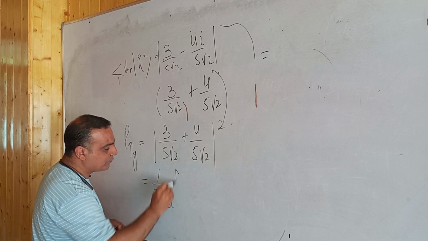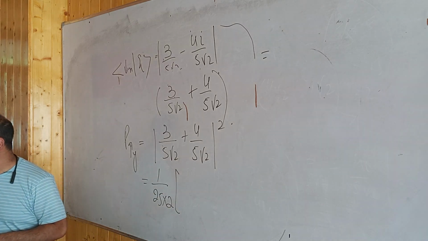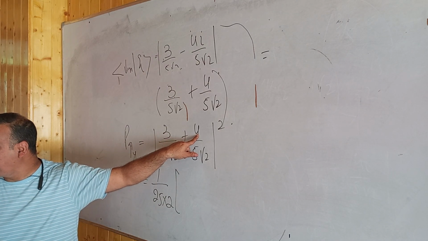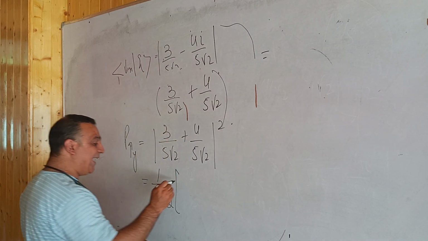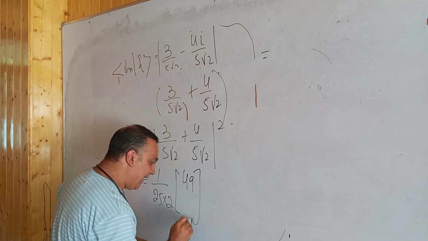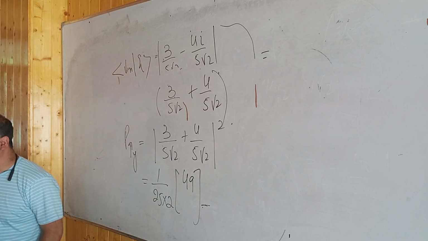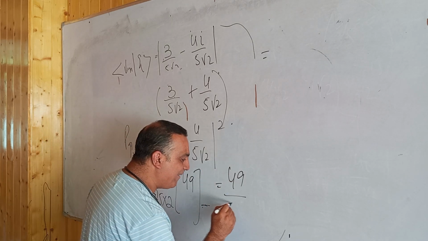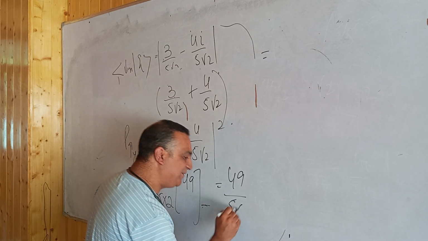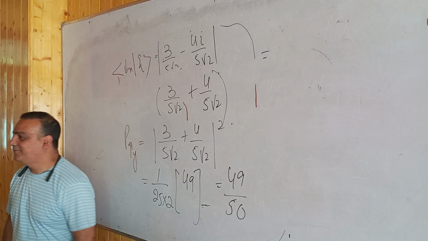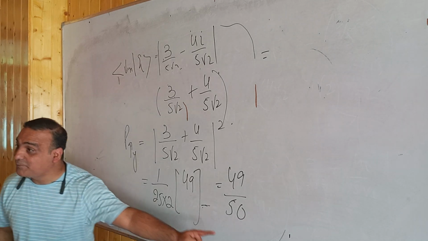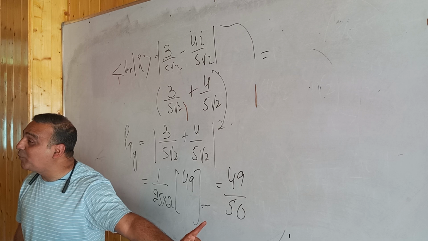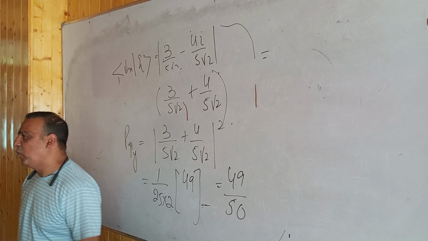Get it? 3 plus 4 is how much? It is 7. And you have to take the square of 7. So that is 49. And that's the beauty of solving a problem. So what I'm getting is 49 by 50. This will be your probability of calculating the spin along the positive direction of y.